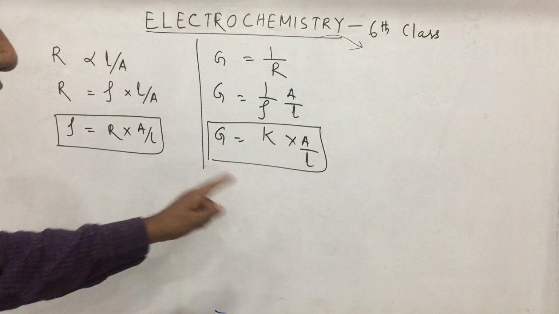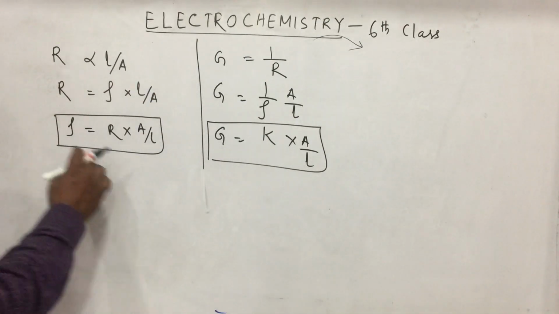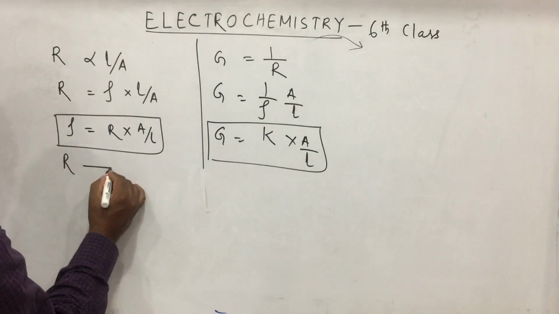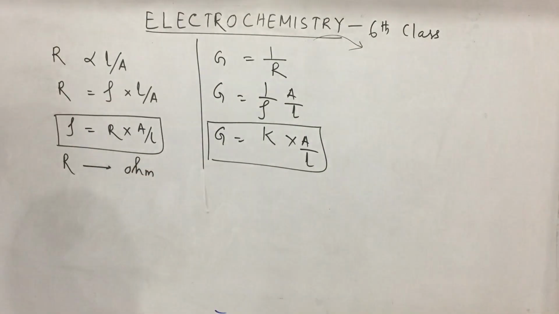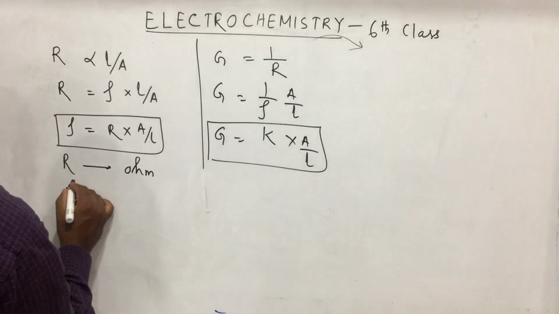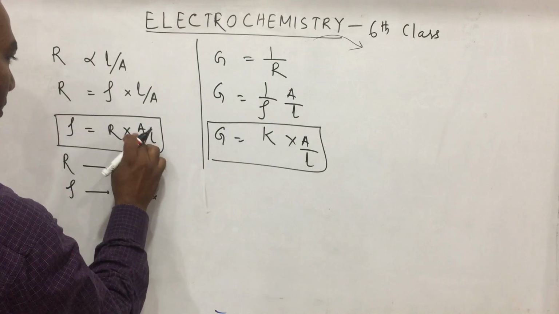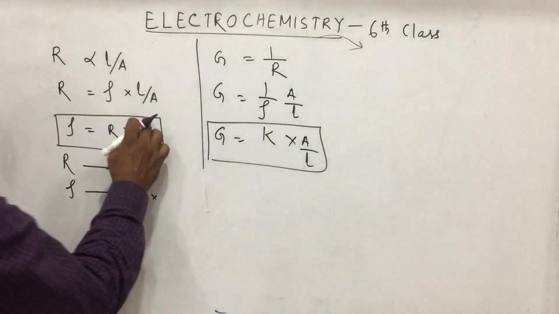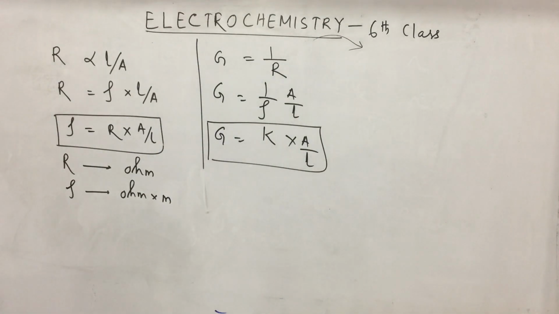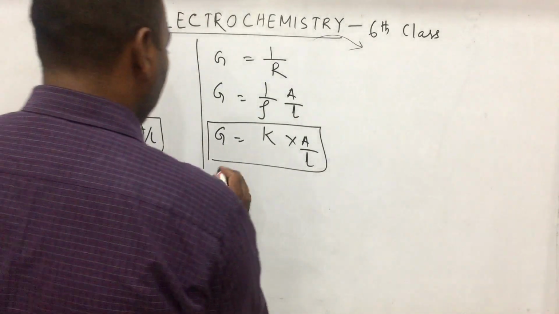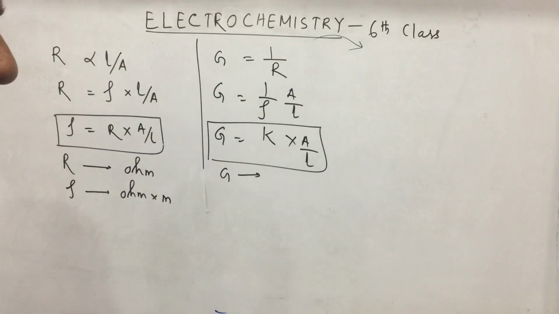Next, what are the SI units of these terms? The SI unit of R is ohm. The SI unit of rho is ohm into A by L, that means meter square by meter, so ohm meter. The SI unit of G is ohm inverse, since G is the reciprocal of resistance.